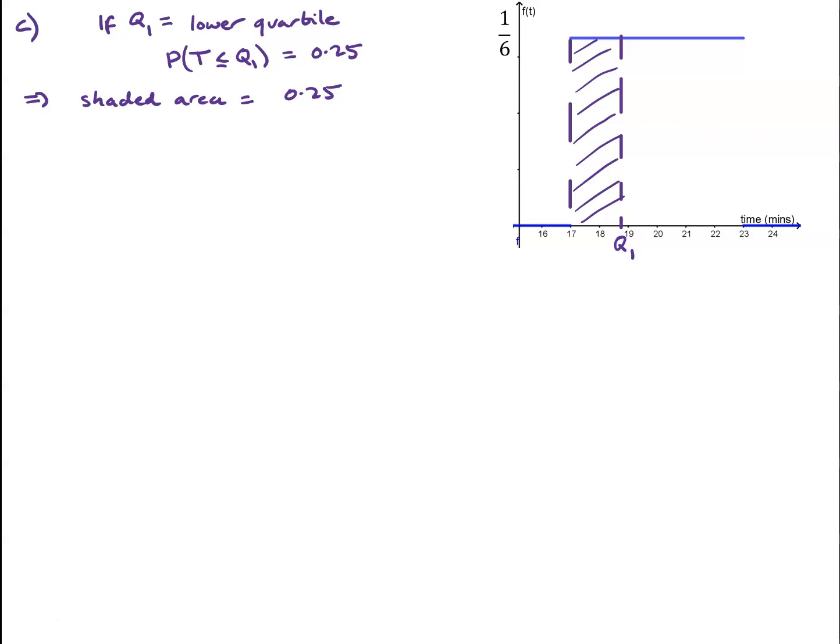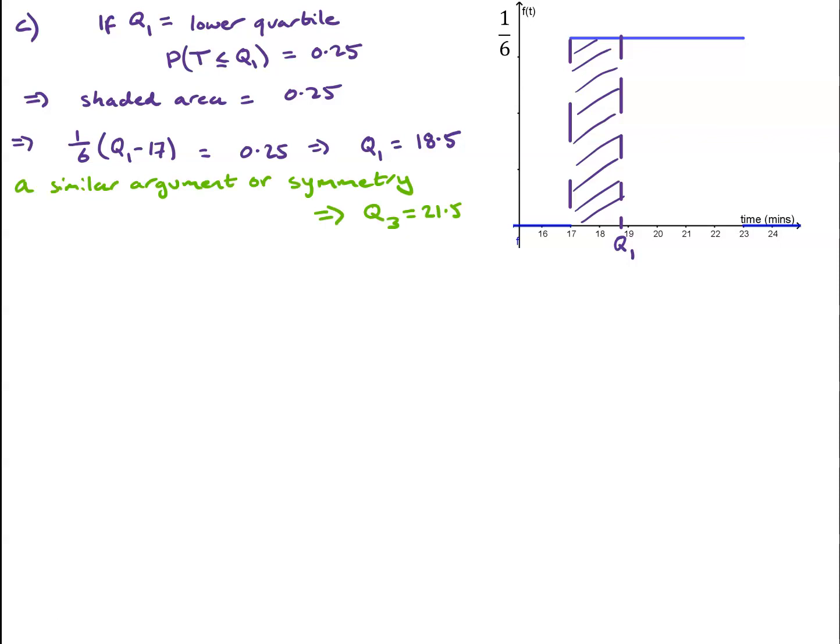The base of the shaded area has width Q1 take away 17, and the rectangle has height 1/6. So we can say that 0.25 must be equal to 1/6 times Q1 minus 17. So Q1 minus 17 must equal 1.5, so Q1 must equal 18.5.